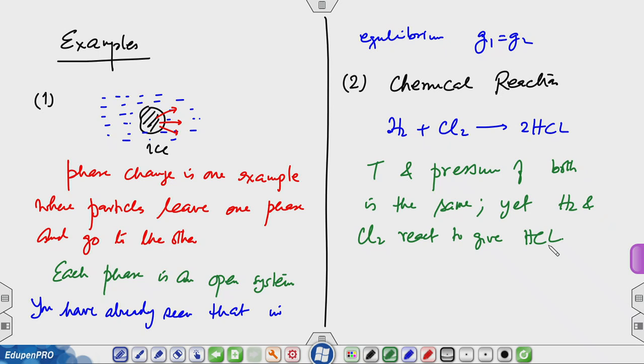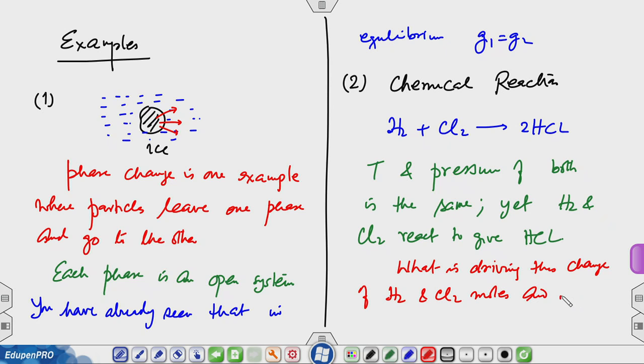What is driving this change of moles of H2 and Cl2 and moles of HCl? And we will see that this is nothing but the chemical potential.